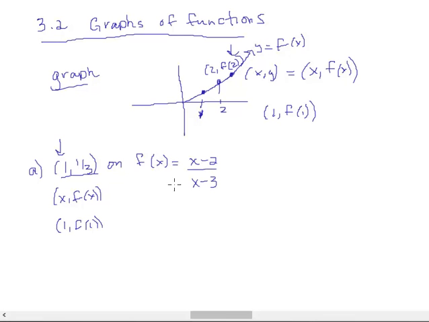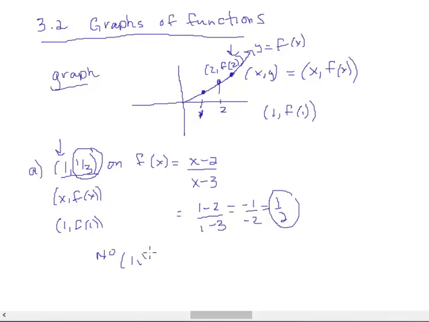So what happens when I plug 1 in for x? We get 1 minus 2 over 1 minus 3, which will give me a negative 1 over a negative 2, which is positive 1/2. So positive 1/2 is not 1/3. So the answer is no. The point (1, 1/3) is not on the graph.